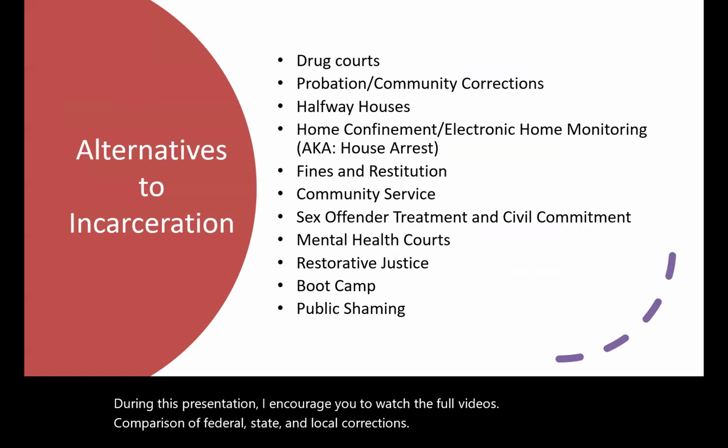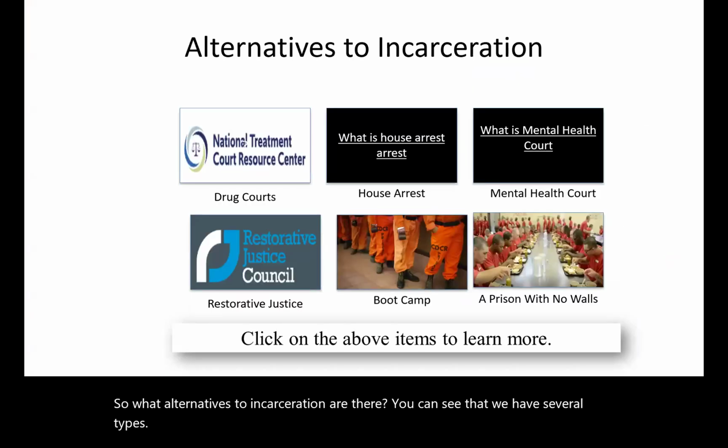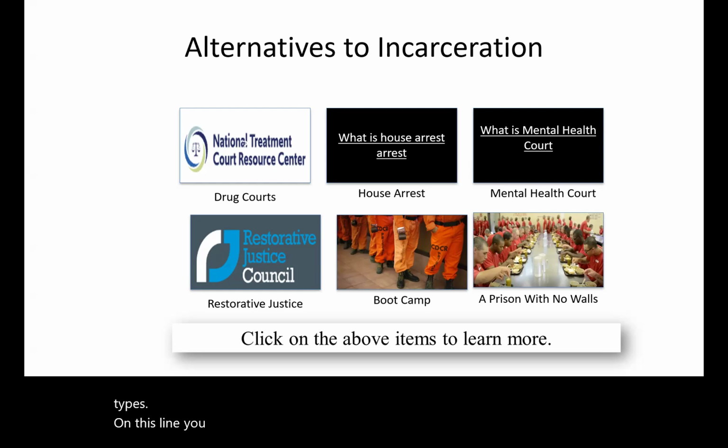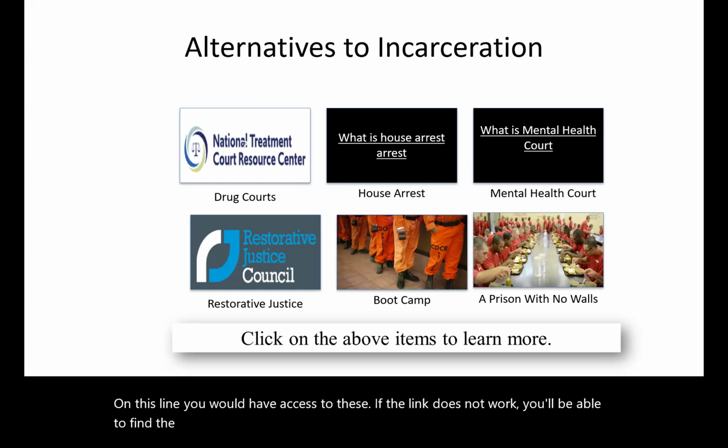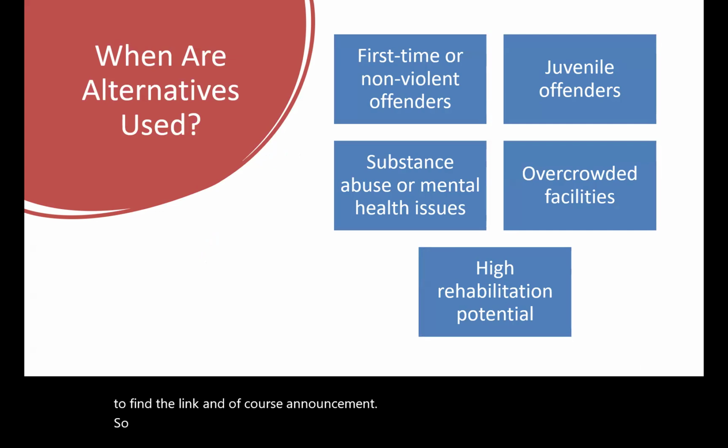So what alternatives to incarceration? You can see that we have several types. On this slide, you would have access to these. If the link does not work, find the link in the course announcement. So when are alternatives used?